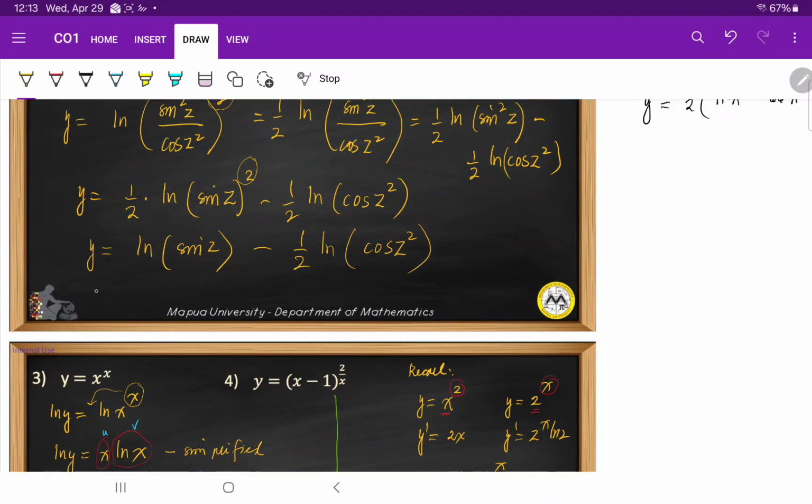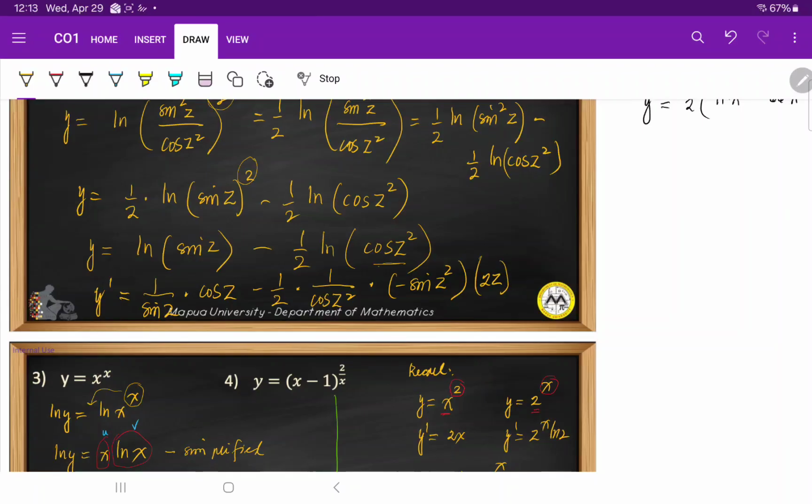So, what is your y prime? Ln of sine z, the derivative is 1 over sine of z times the derivative of sine, which is cosine of z times 1. Minus 1/2. Again, you have ln of this one. So, 1/2 times 1 over the cosine of z square. Derivative of cosine is negative sine of z square, times what?